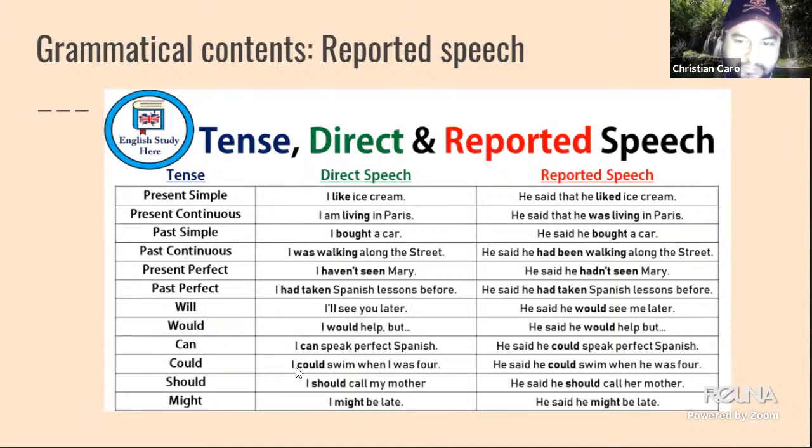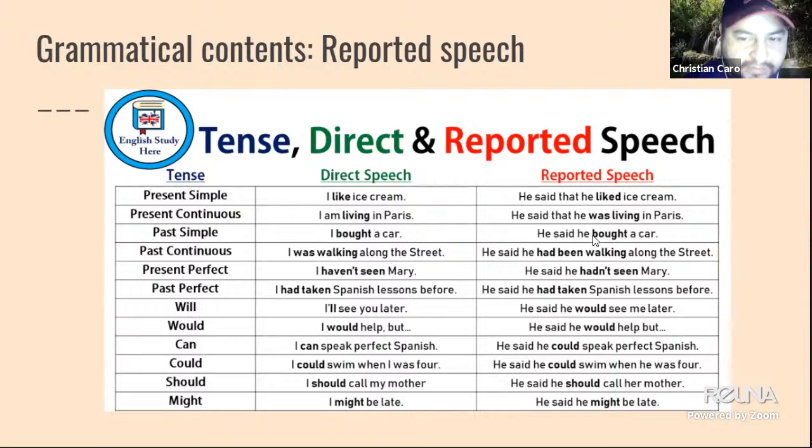All right, entonces, acá tenemos el tema del backshift y el no backshift. Por ejemplo, dije, I like ice cream. He said that he liked ice cream. Entonces hacemos backshift. ¿Qué quiere decir esto? Que del present simple pasamos o retrocedemos al past simple. The present continuous al past continuous.